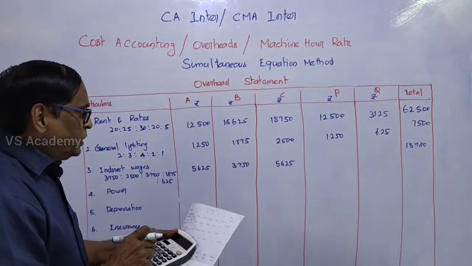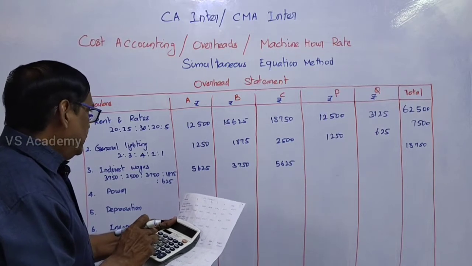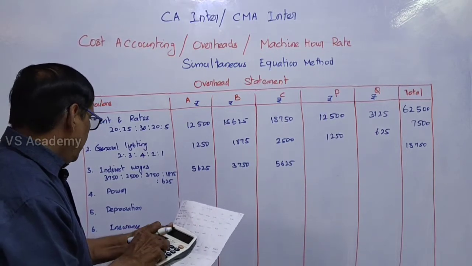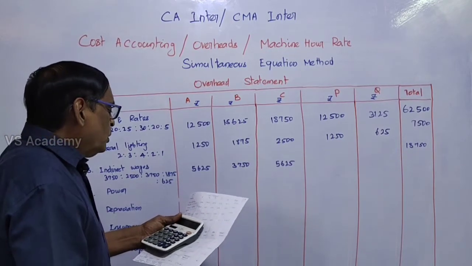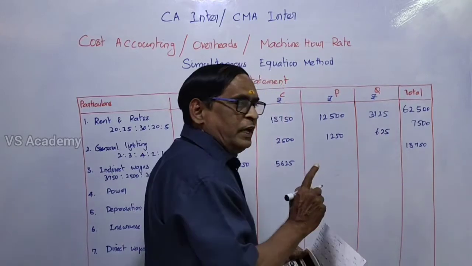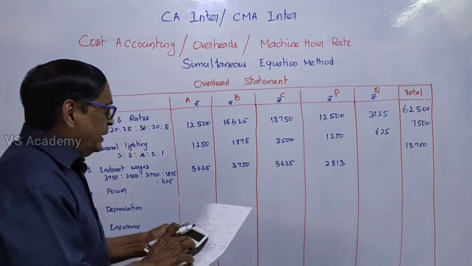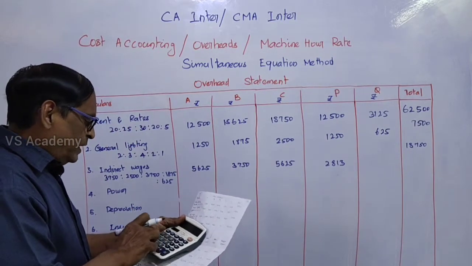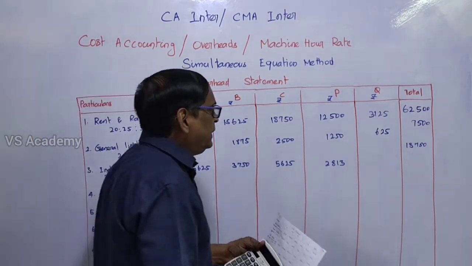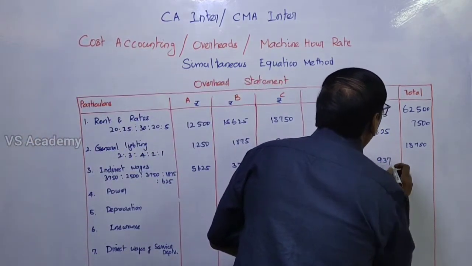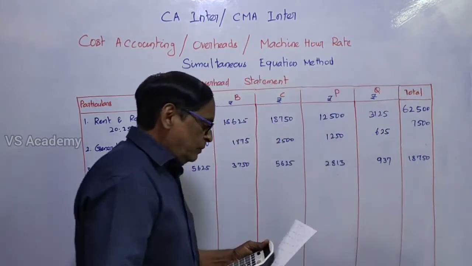And then 18,750 divided by 12,500 into 1,875, so 2,812.5, you can round it off, 2,813. And then 18,750 divided by 12,500 into 625, it will come around 937. So the total 18,750 was distributed among all departments.